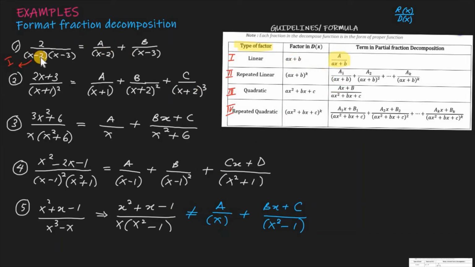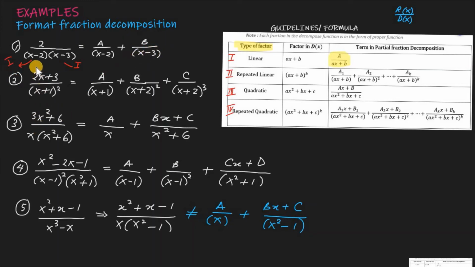So for this x minus 2, it is A, a single constant number, over x minus 2. And for this part, this is also case 1, so it is B over x minus 3. Later on, we will learn how to calculate the constants A and B. So there we decompose this into 2 fractions.